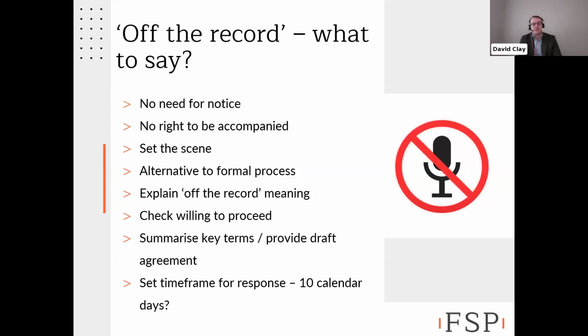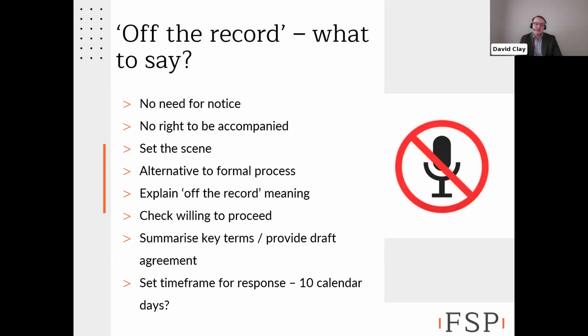What do you actually want to say then in practice? How should you go about arranging these meetings, and what should it cover? Well, there's no need to give notice of the meetings. You don't have to provide 3 working days notice or anything like that. Equally, there's no right to be accompanied at an off the record / without prejudice / protected conversation.